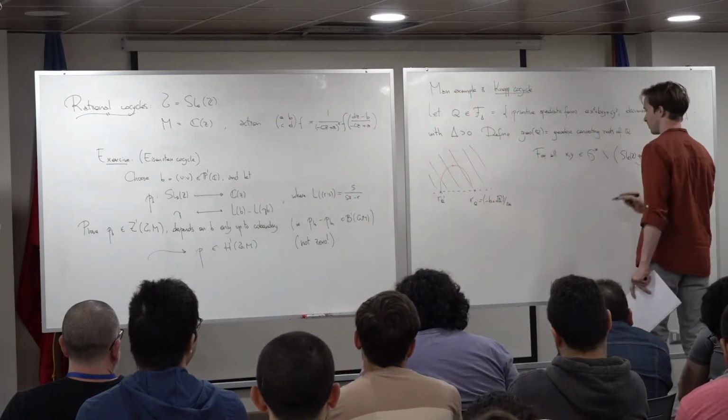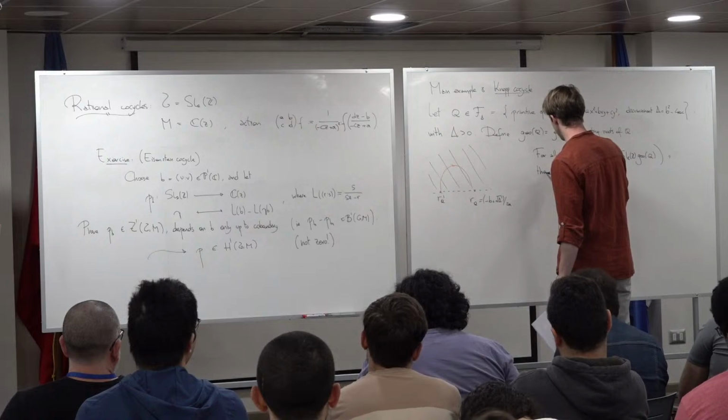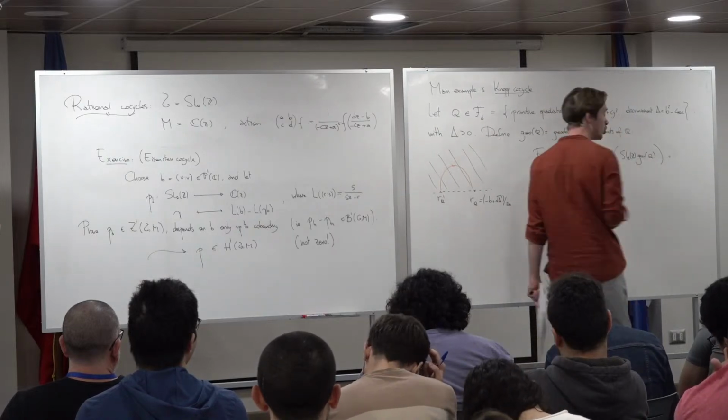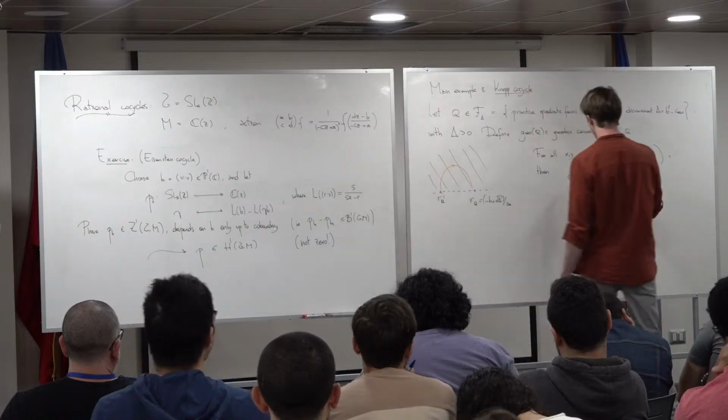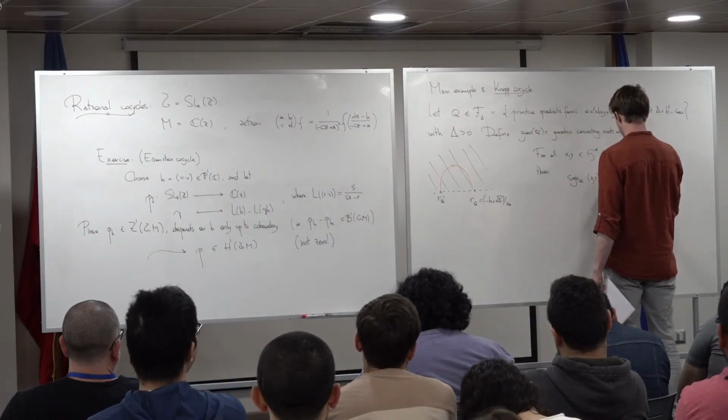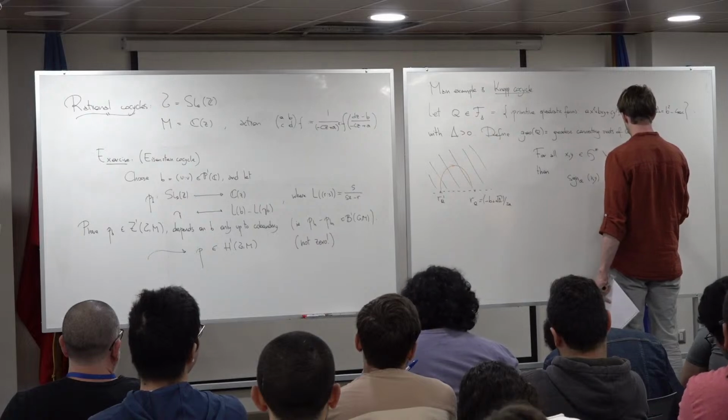Then I'm going to make a definition. I will define sine sub Q of the pair x comma y to be 0, 1, or minus 1.